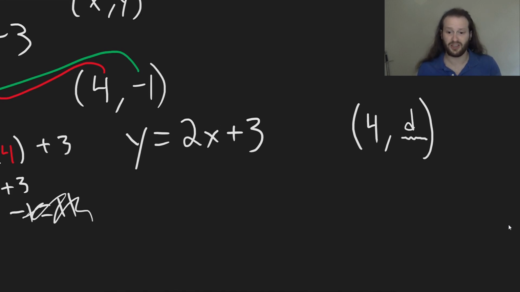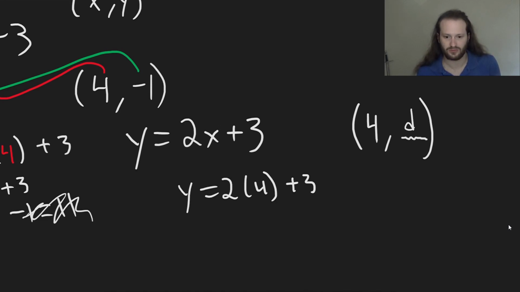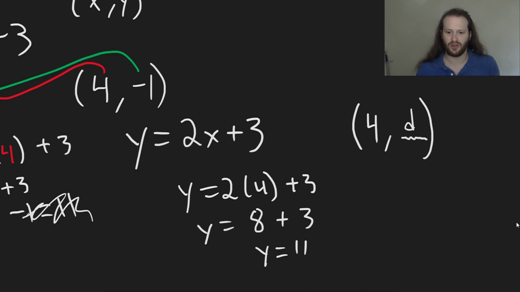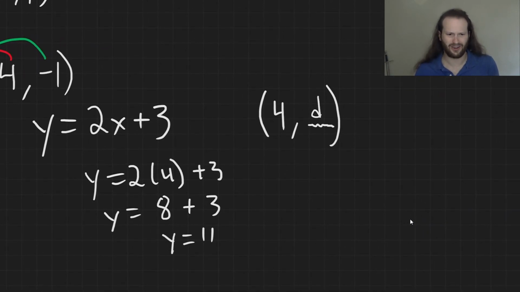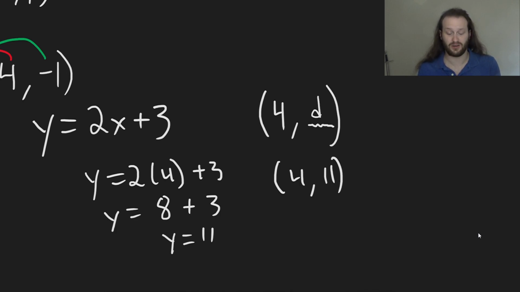That's pretty simple. Again, just plug in 4 for x, simplify, and then whatever y is equal to, that's the y-coordinate of that ordered pair. So we know now, well, we kind of already did, but we can say with confidence that (4, 11) is on this line.